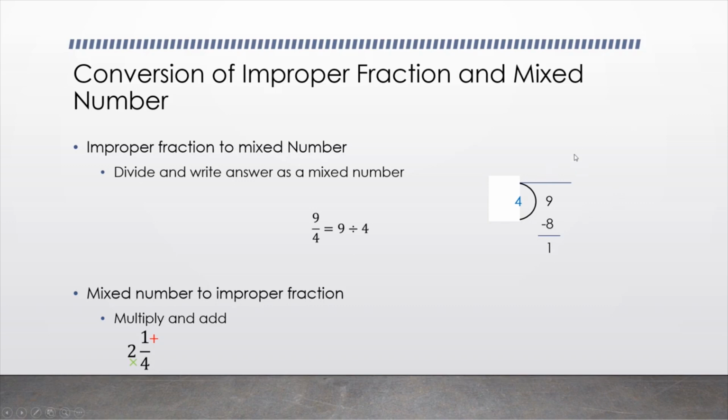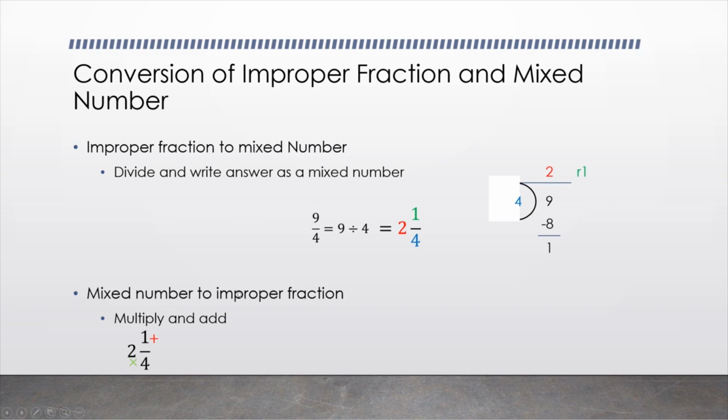That remainder of 1 is going to be part of the mixed number. So you have 2, which is the number of whole parts, and then you have 1 over 4. 1 is your remainder, and 4 is what you're dividing by. So that's how you do that.